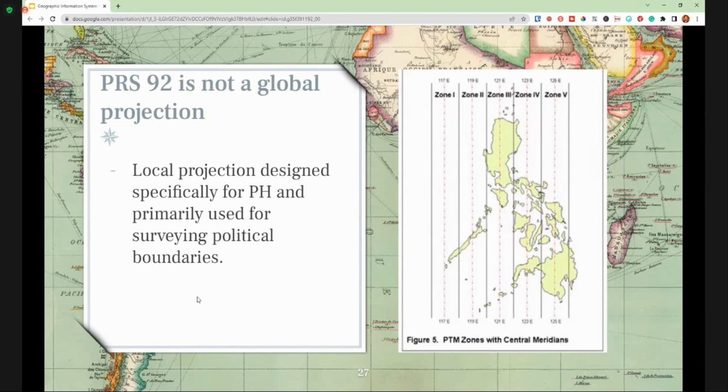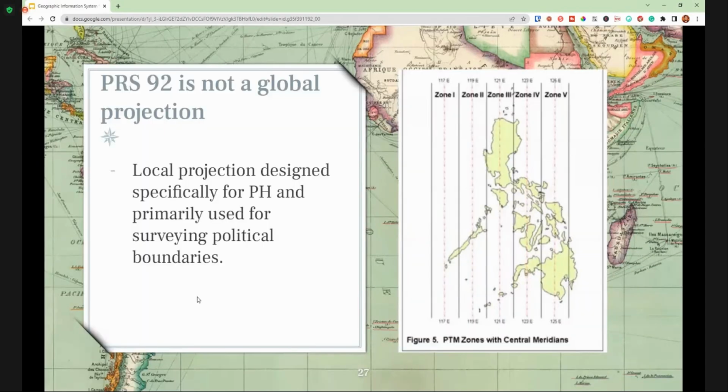You have 5 zones, and depending on your area, for example, if you're located in Metro Manila, then you use PRS 92 Zone 3 whenever you create maps, analyze, or get measurements using your data. Or rather, if your area of interest is Manila. All right? Okay.